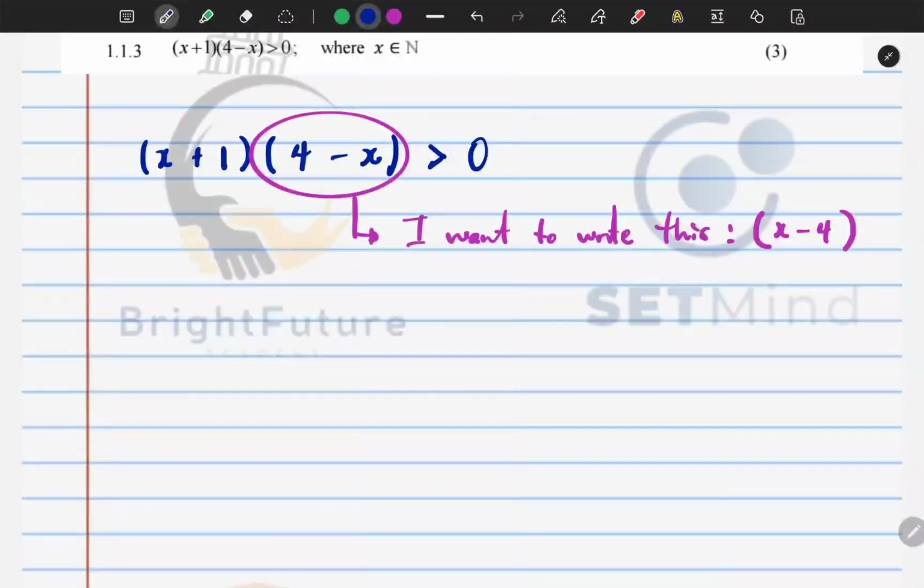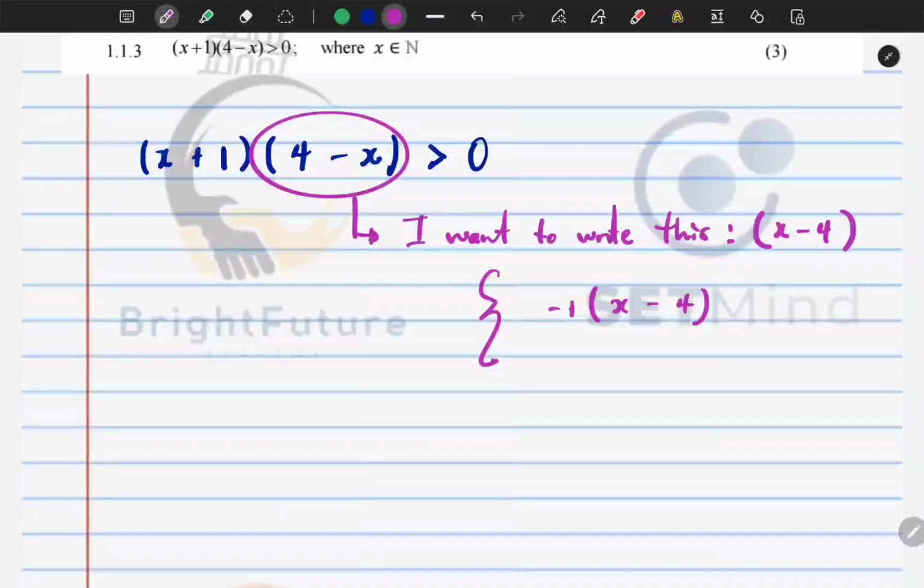So let's see. In order for me to do that, I'm going to take out negative 1, right? So let's see how we can do that on the side. The best way is when we take out negative 1, it's going to be like this: x, and then minus 4.